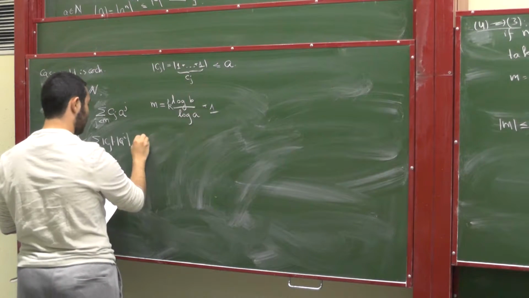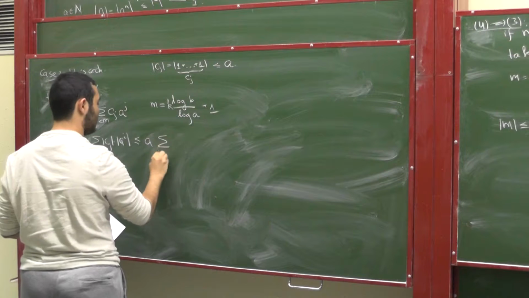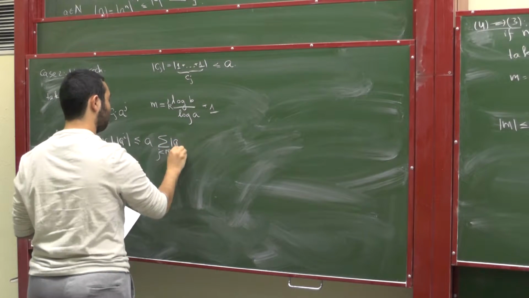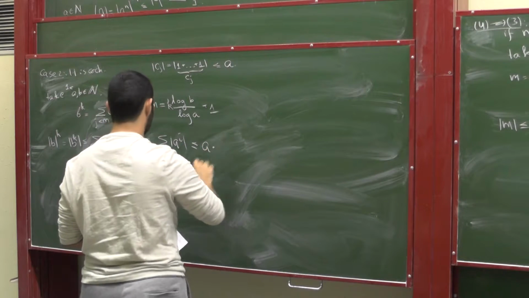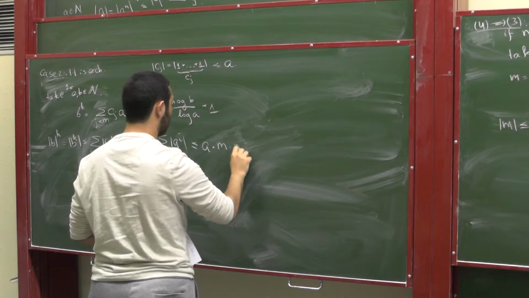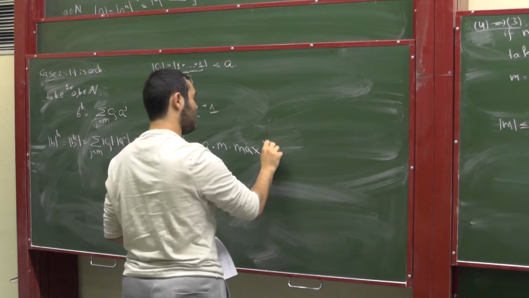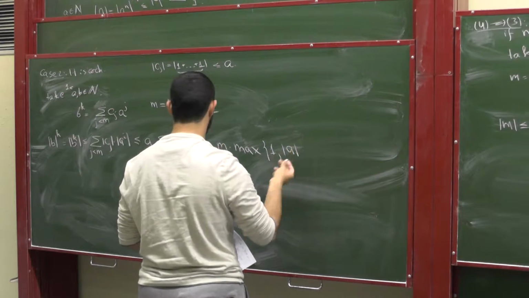So this is bounded by a times the sum. So it's a times the number of elements times the maximal element, which is either 1 or a to power m.